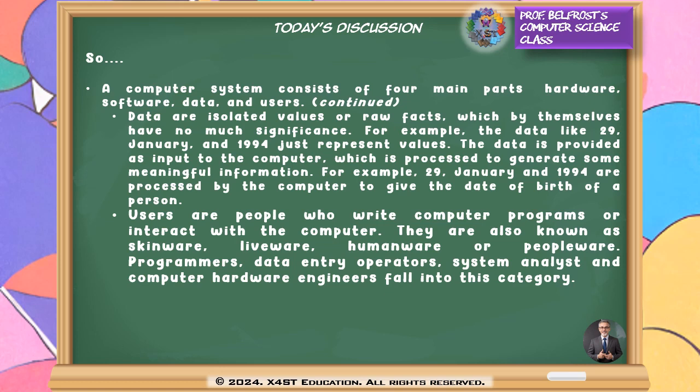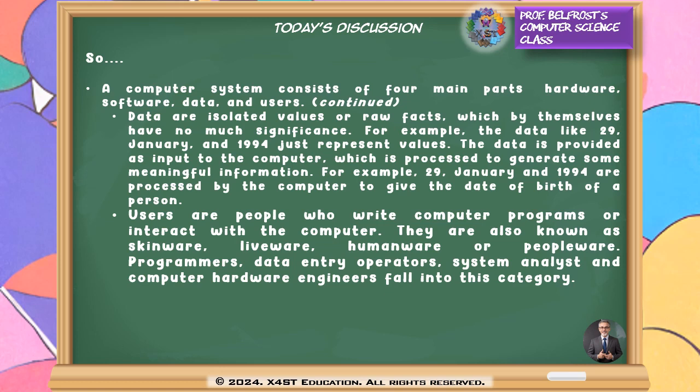Okay. How about users? Users are people who write computer programs or interact with the computer. So actually there are two users. The first one is what is called the brainware, which writes the computer programs or controls the computer's characteristics or operation. Or maybe it has nothing to do. Maybe the user doesn't know how to write a program and how to control it, but just uses it.